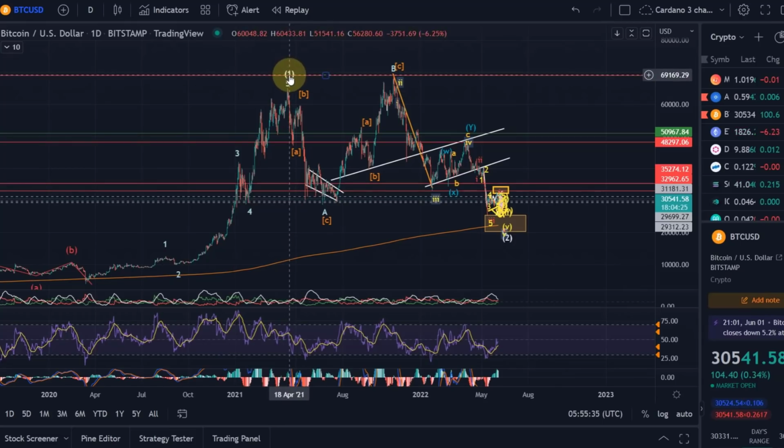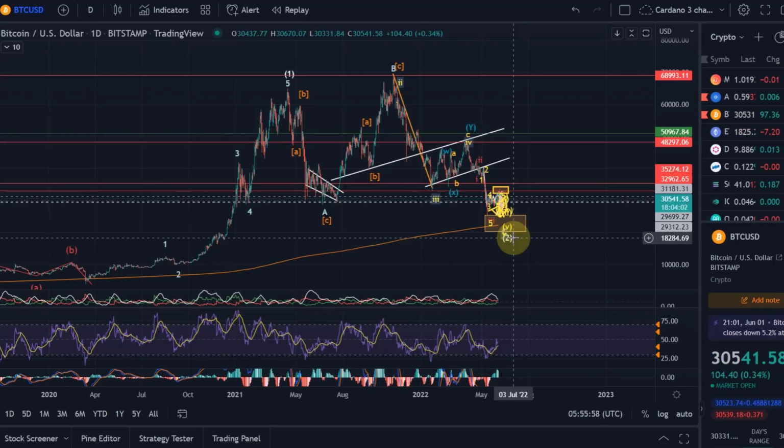So we made that all-time high here. We came down in a wave A, we moved up in a wave B, and we came down here in a wave C, which is part of that wave 2. After a wave 1, you would usually expect a wave 2. That wave 2, in this case, came along in the shape of a flat pattern, an expanded flat.